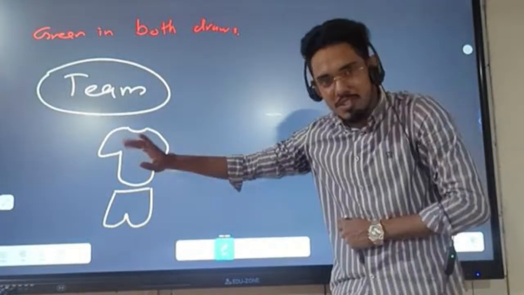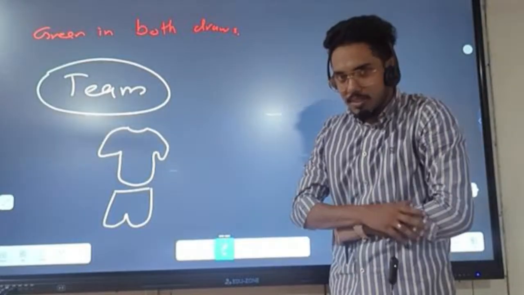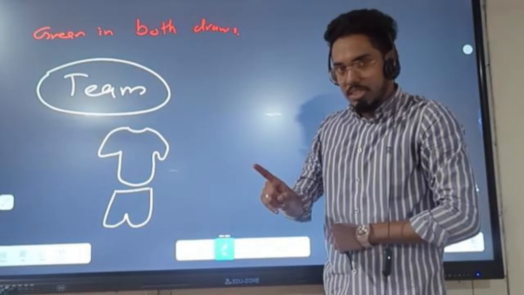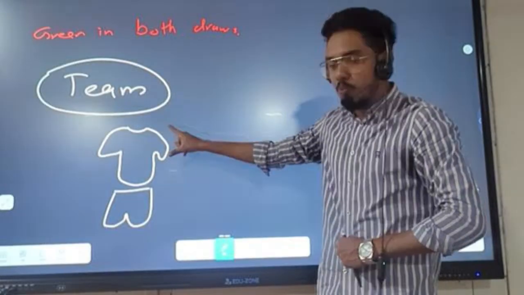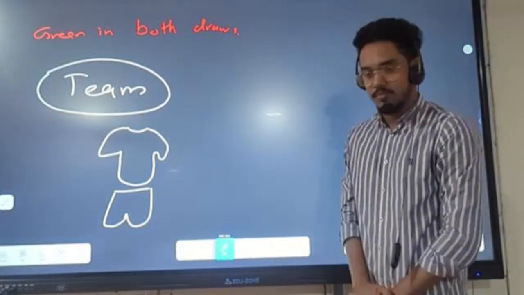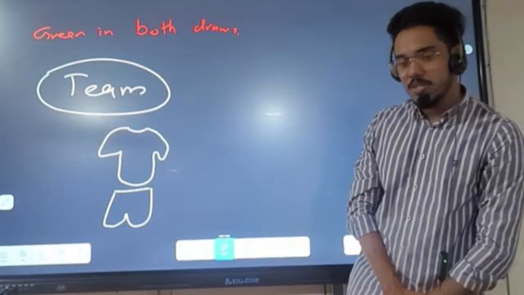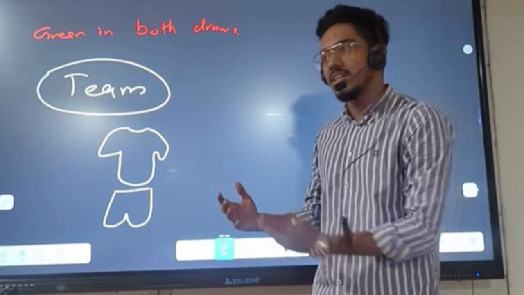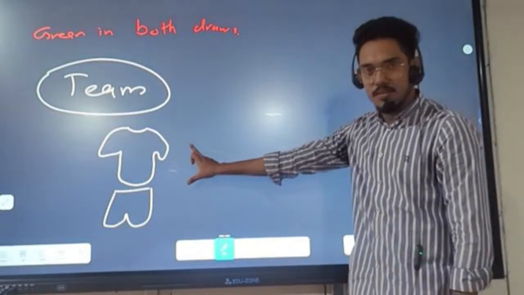Even only white is no problem, only black is also no problem. Is that clear? Now tell me, how many possibilities you have to build up this dress code using black and white? How many color combinations we can have for these two dresses?